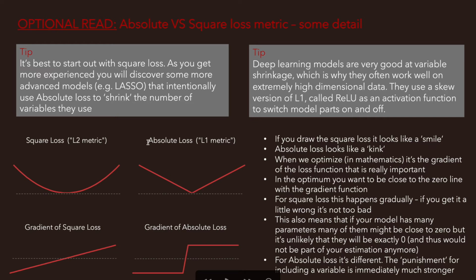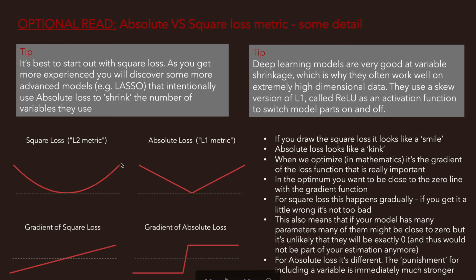So with absolute loss, what tends to happen is you make the model much more parsimonious. That means you tend to try and eliminate full variables. Whereas with the square loss, you tend to take more information into account, but you really try and avoid getting it horribly wrong.